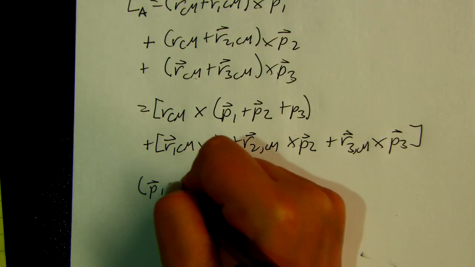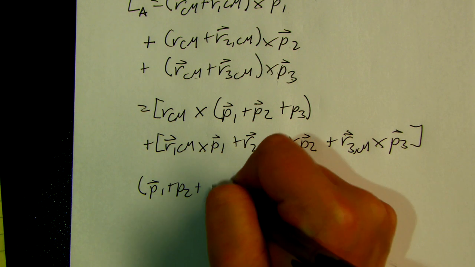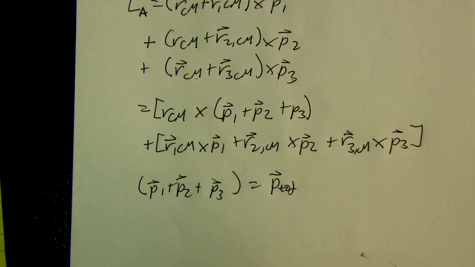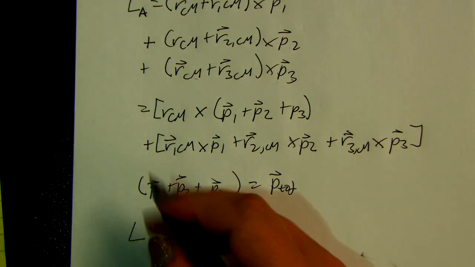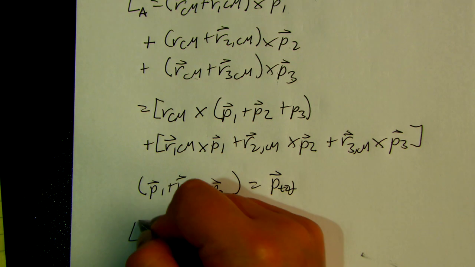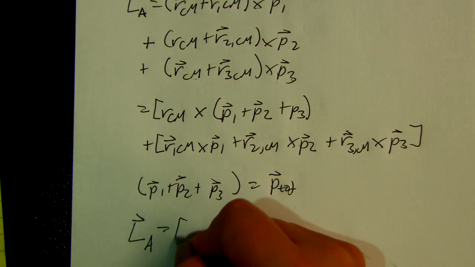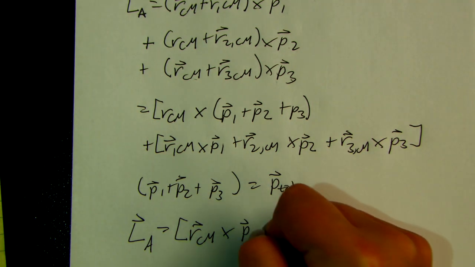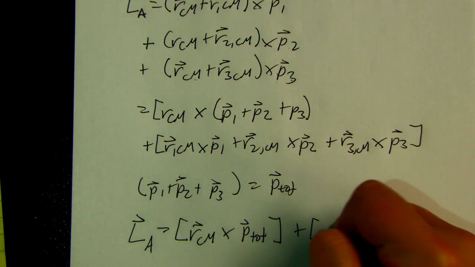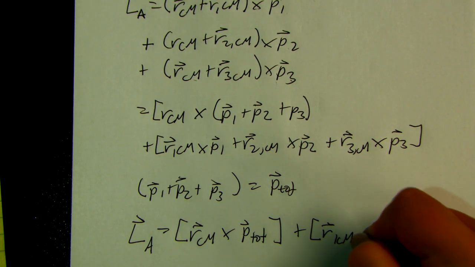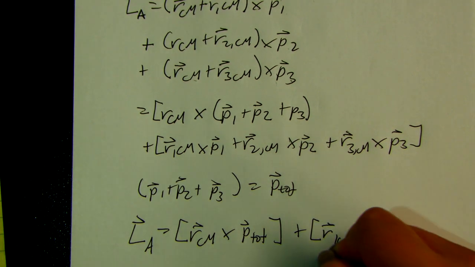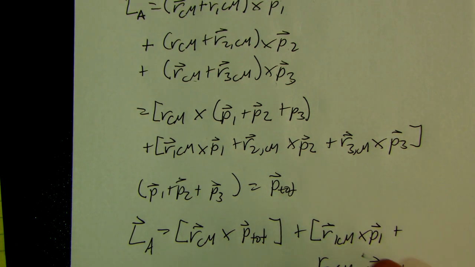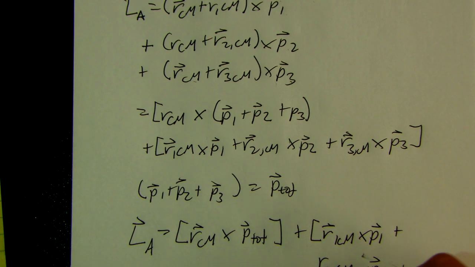And so we know that P1 plus P2 plus P3 is going to be equal to the total momentum of the system. So then the angular momentum L is equal to RCM crossed with P total plus R1CM crossed with P1 plus R2CM crossed with P2 plus R3CM crossed with P3.